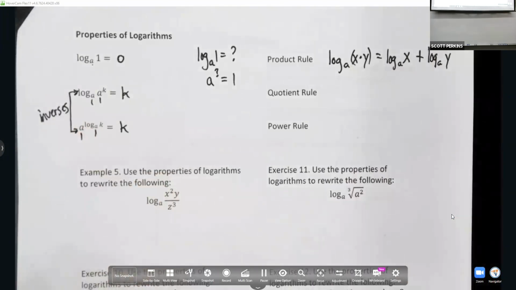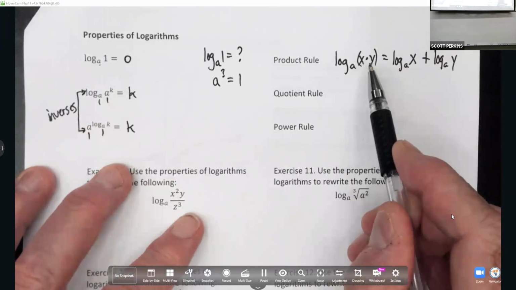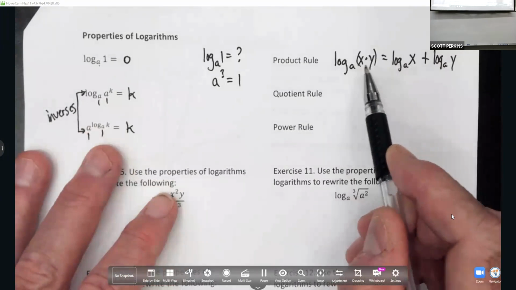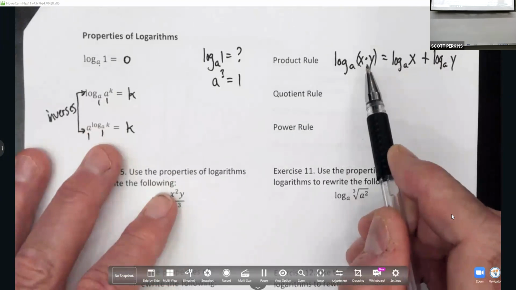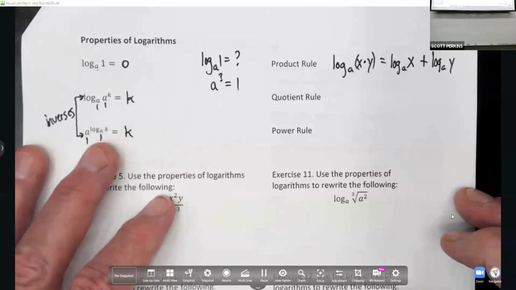That's called the product rule. It's called the product rule because in the parentheses here, I am multiplying the two things, x times y. And what I do is I can add each thing individually.